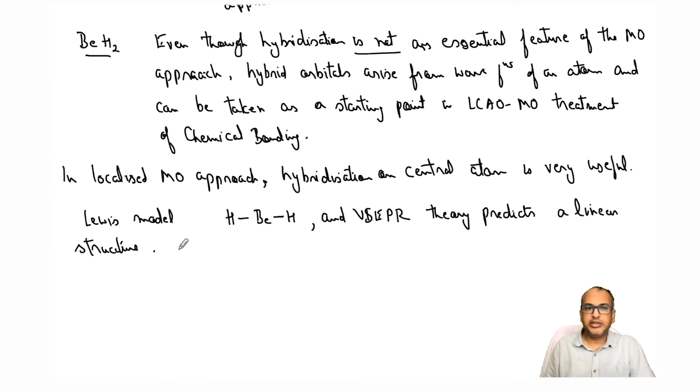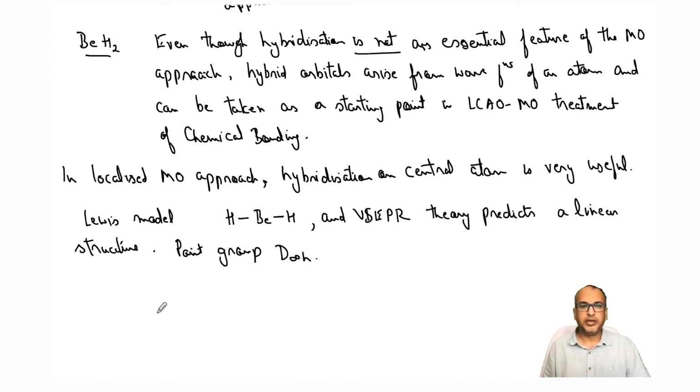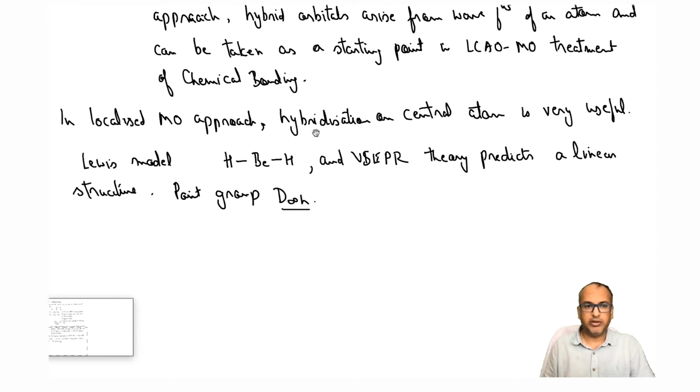If it is a linear structure, what will be the point group? We should be aware of how to calculate point groups. So the point group of this molecule will be D infinity h. I'm not going to go into details of how to determine the point group. We have already covered a lot of lectures on this.